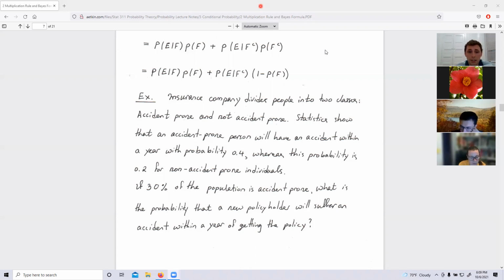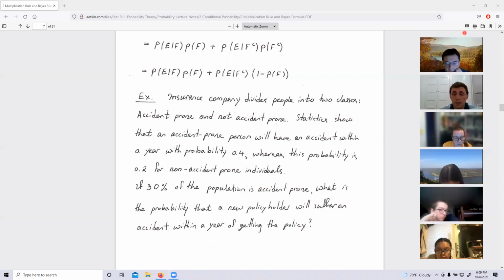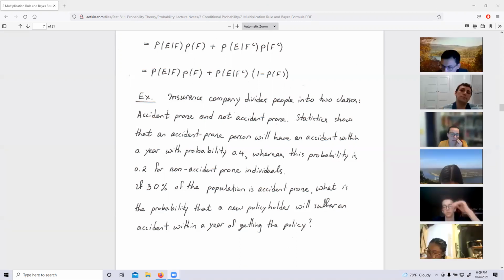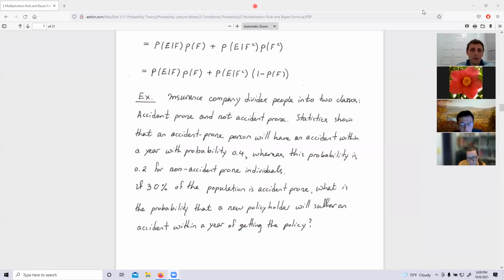And rather, we just want the probability that a person will have an accident. If somebody signs up for the insurance, what's the probability of an accident? All right, so it's a sort of way between how likely the person is accident prone or not, right?